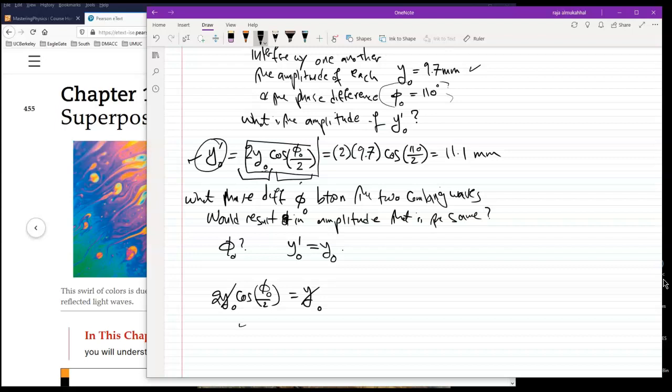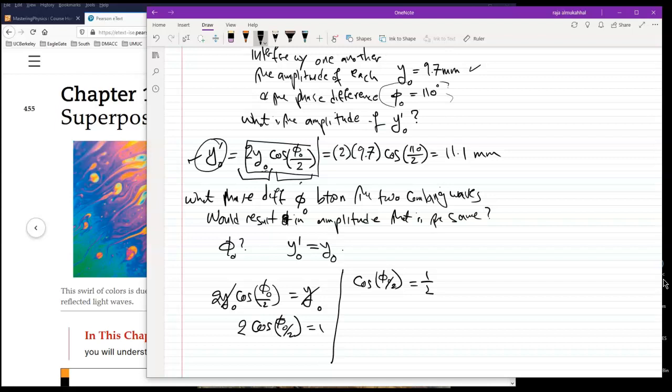So in this case, I'm going to have 2 cosine phi naught over 2 equals 1. So this gives me cosine phi naught over 2 equals half. And then I work it out. Should be. So what would it be?